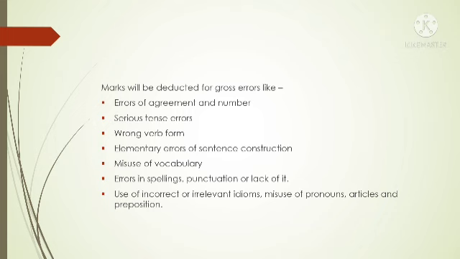What does it mean? They'll reduce marks if you use the punctuation marks wrongly, also if you don't use the punctuation marks. Then the last one is use of incorrect or irrelevant idioms, misuse of pronouns, articles, and prepositions.